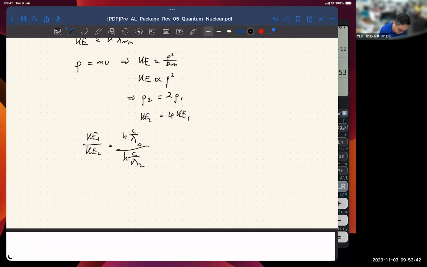So this will be 1/4 equals lambda 2 over lambda naught. That means my lambda 2 is equal to lambda naught over 4. Math, right? Yeah, correct. So this is the answer.